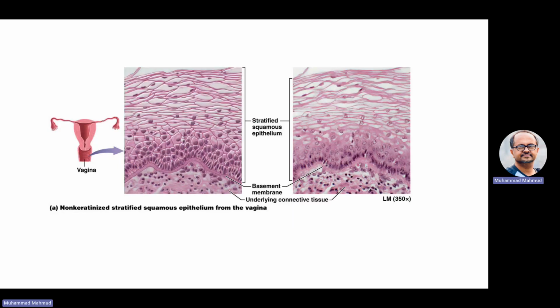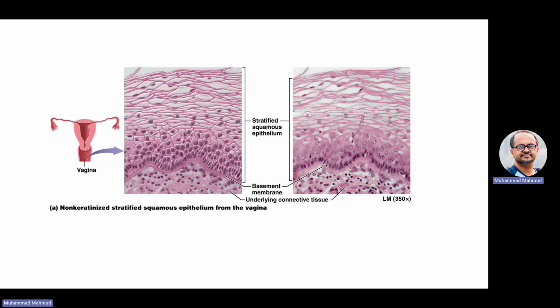What if there are multiple layers? Like you see here, many of those cells are here, not one, two, or three. Many of those layers are here. So we use the word stratified. Stratified, multiple layers. If they are flat, we call it stratified squamous. Like in this case, they are stratified squamous.